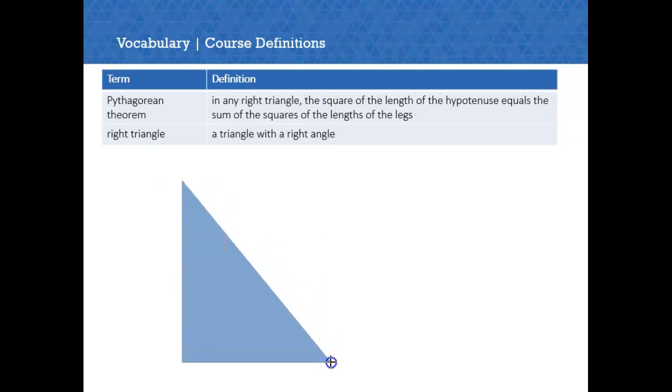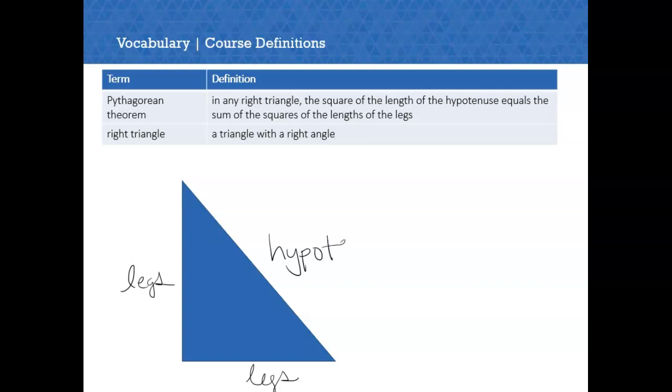So here is our right triangle. The legs are here, and here's our hypotenuse. The hypotenuse is always directly across from the right angle, and is also the longest of the sides.